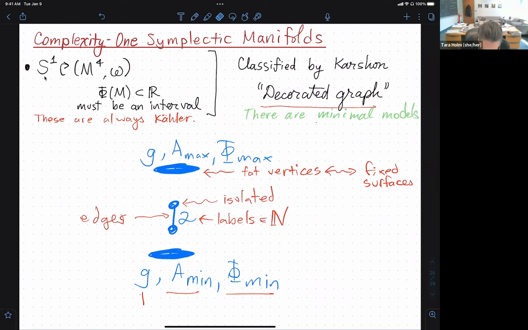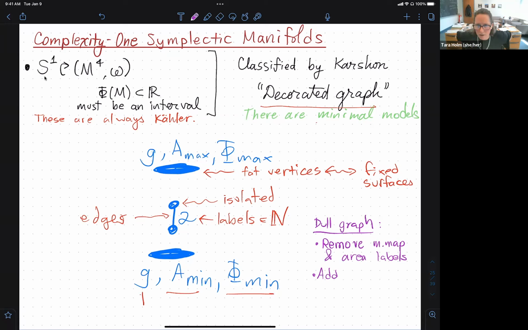So what we get rid of for the dual graph: we have to keep the genus. We remove the moment map labels and the area labels. I'm explaining some of what's equivalent to what. There are some formulas from all of the data on this decorated graph.